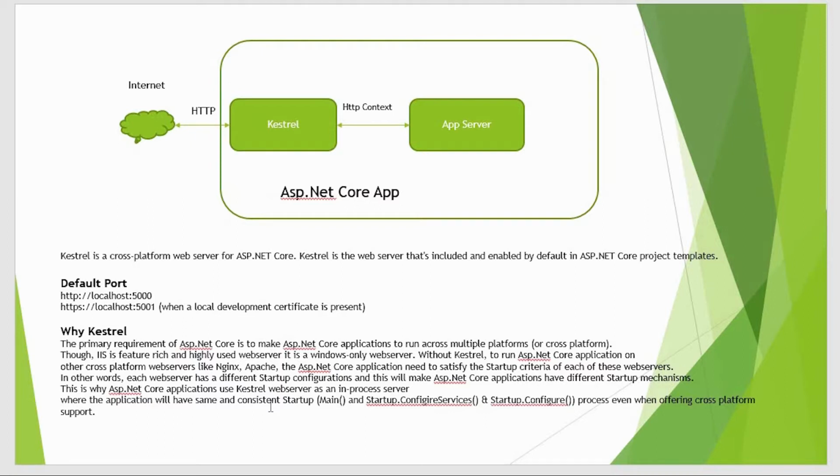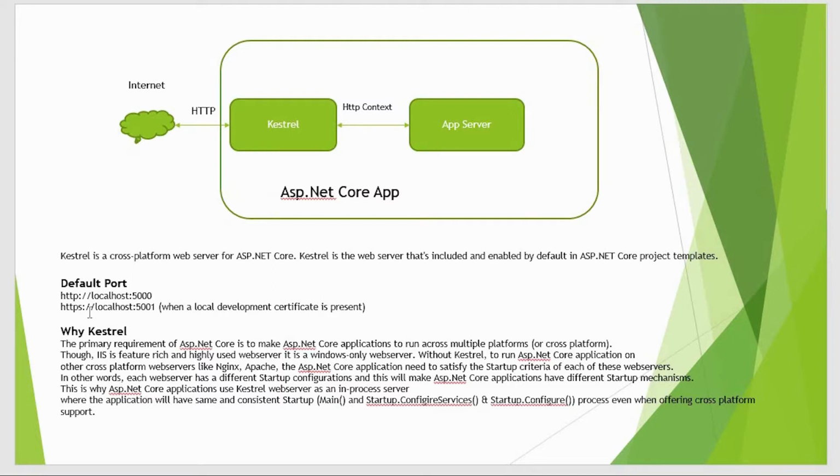Why can't Kestrel alone work? That we will discuss later. But try to understand why Kestrel is needed. If Microsoft had not introduced Kestrel, every time you deploy the application on a different platform, you would have to change the configuration. That's why Microsoft introduced Kestrel. Any request coming through HTTP is handled by the Kestrel server, and with the HTTP context it forwards that request to the app server.